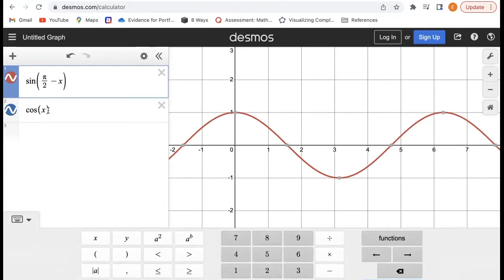So if I have pi on 2, or 90 degrees, and I subtract that from the angle, I get my opposite trig ratio. If we think of this in terms of our exact values, if I do pi on 2 or 90 degrees minus 30, I get 60. So cos 30 is going to be equal to sine 60 based on this logic, which we know is true from our exact values.